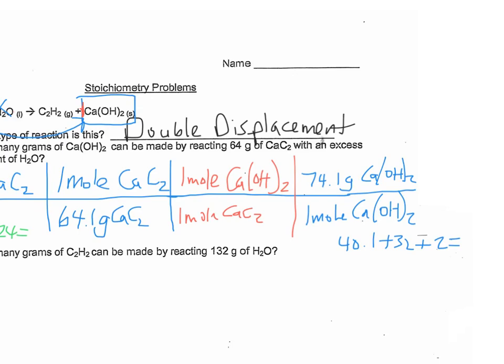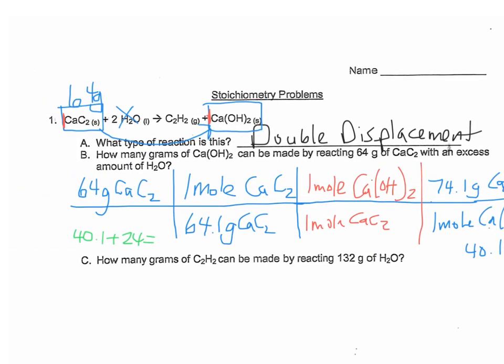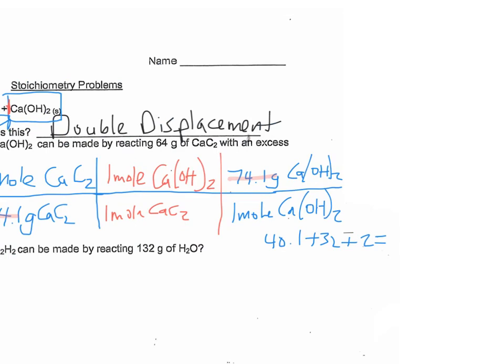Okay, so now it's just a matter of punching this into the calculator. I'm going to take 64 here, divided by 64.1. You can mess with the ones if you want. Multiply by 1, divide by 1. You're going to get the same answer. Times 74.1. When we punch that into the calculator, what we get is 73.9 grams. Always have a unit. Oh my gosh, my handwriting's going. CaOH2.